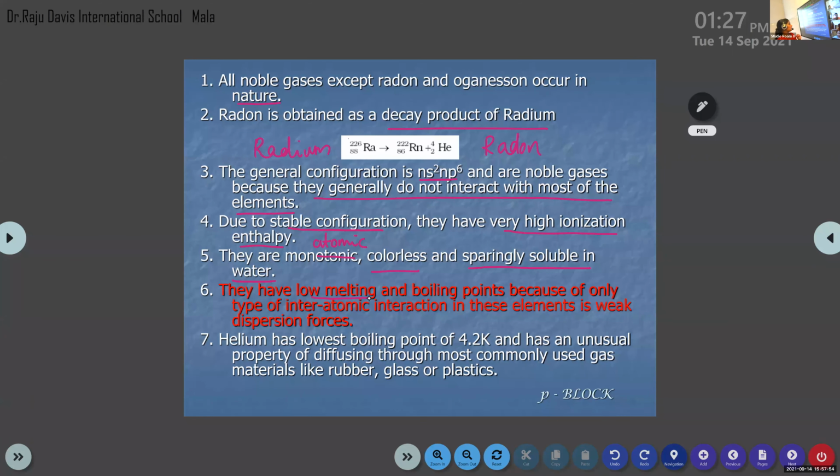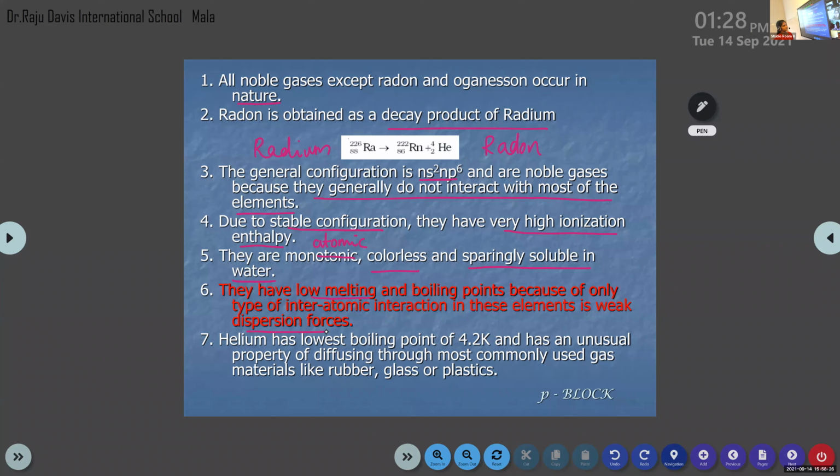So they have very low melting and boiling points. On small heating itself, they will be converted to vapor or start to melt, because the force of attraction between these atoms is very weak.